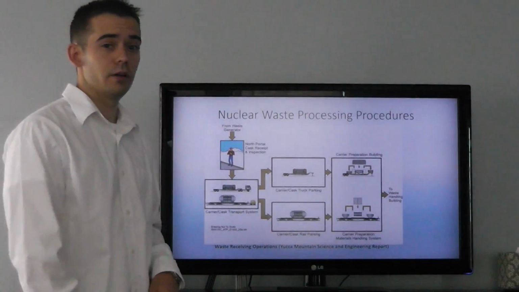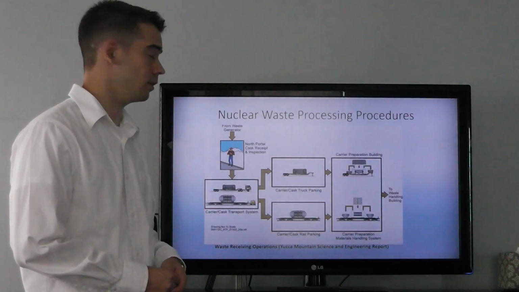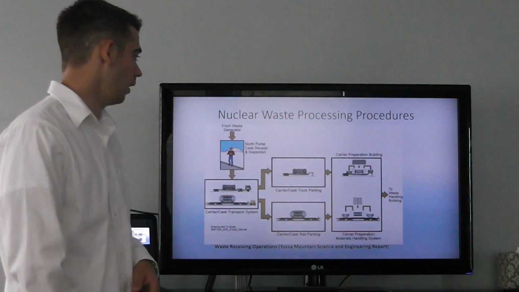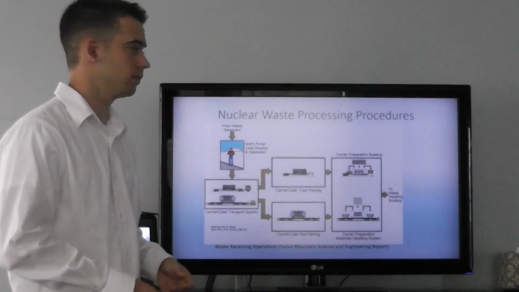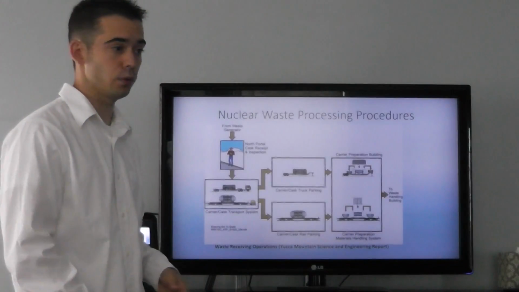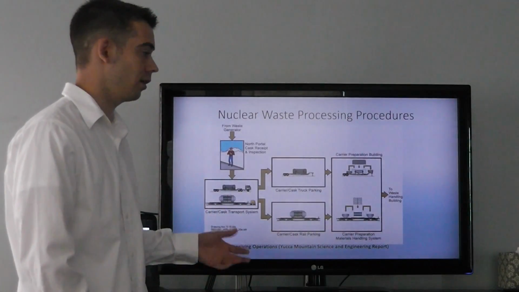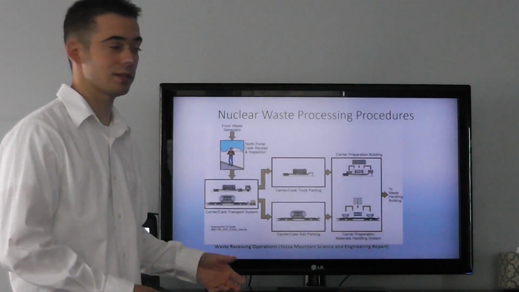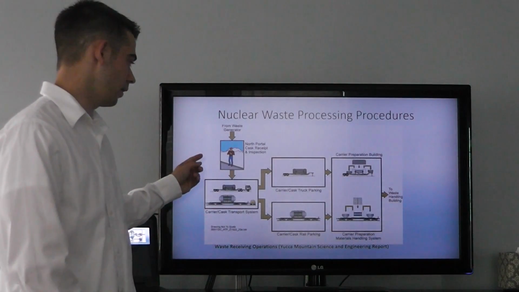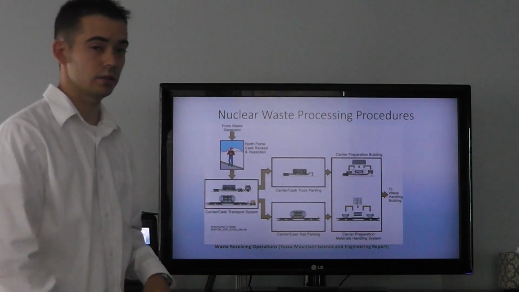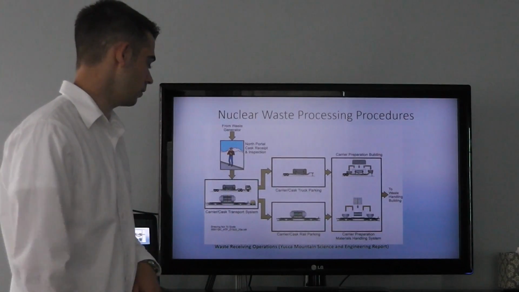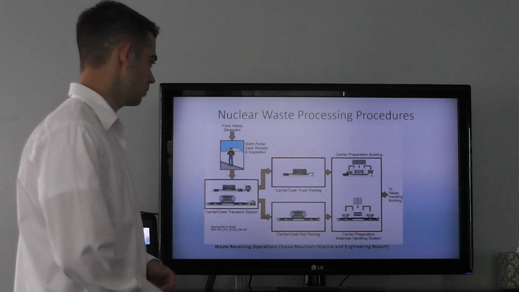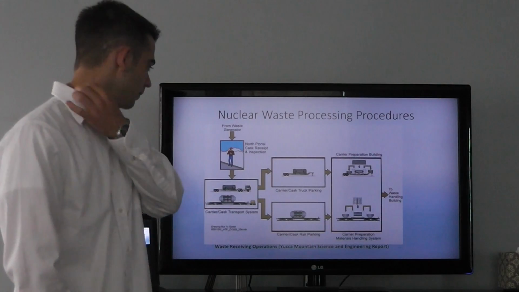Next, I'm going to the nuclear waste processing procedures. Essentially, the spent nuclear fuel and the waste are highly radioactive material that come to the site either via truck or rail system, and they'll show up at the North Portal cask receipt and inspection area.